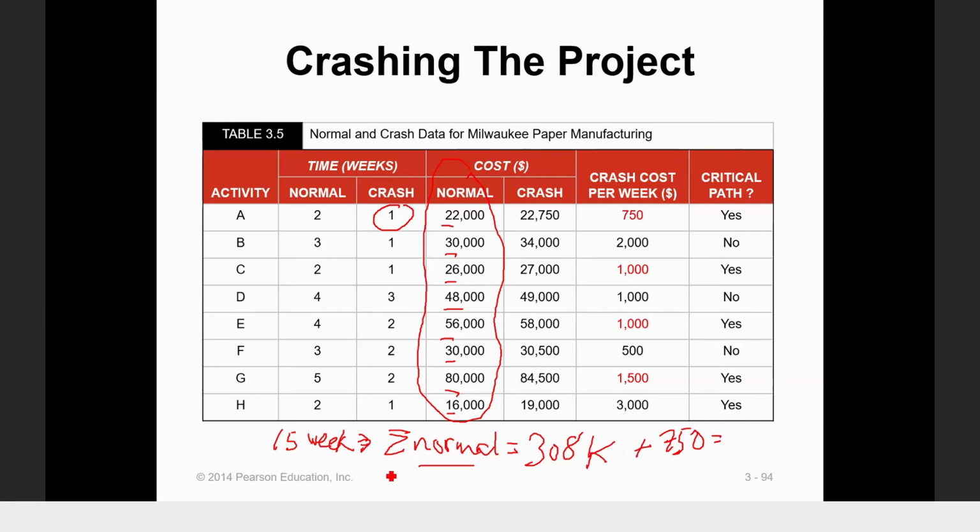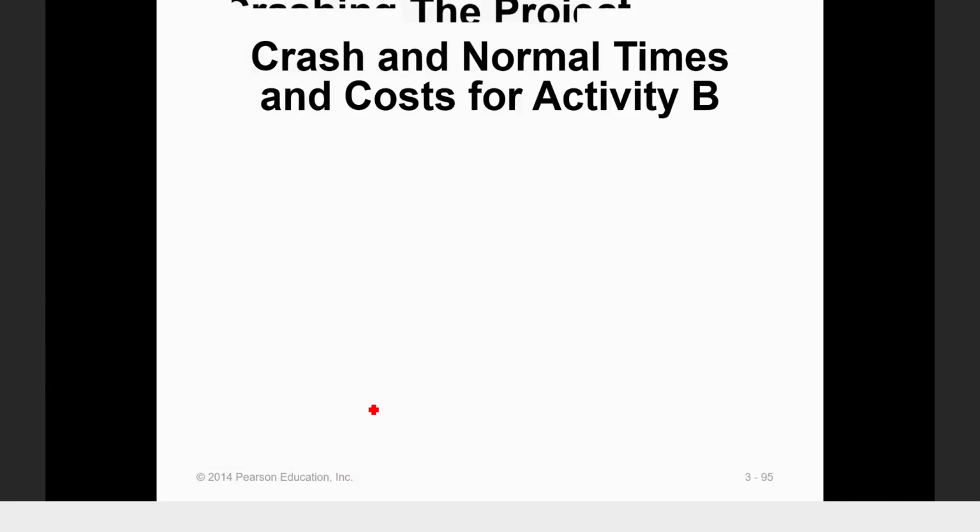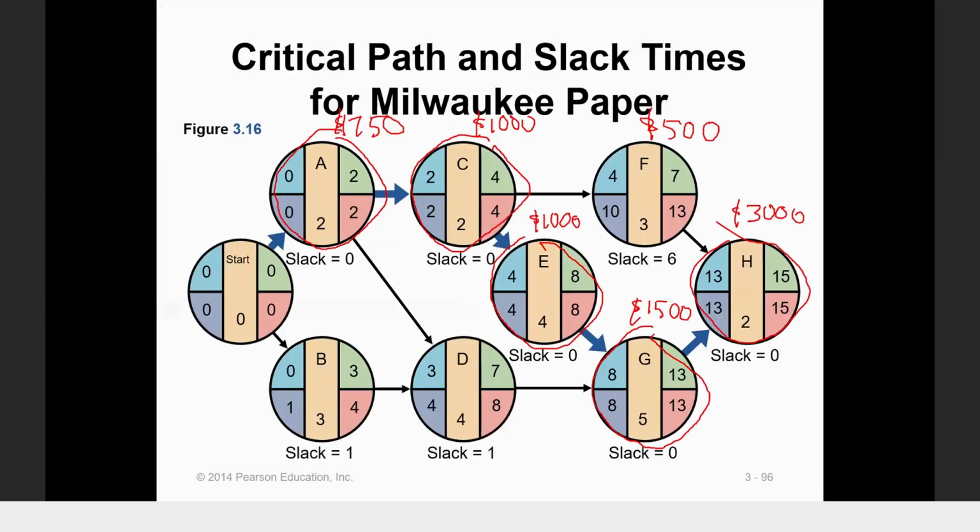But when we crash and make it 14 weeks, the new cost will be 308,750. Remember we want to crash by 2 weeks, so we want it to become 13. But before we move to 13, we have to check.